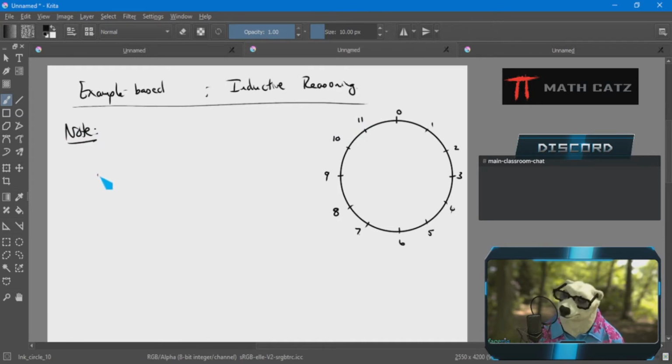Let's take, for example, something that pushes me over, perhaps. Let's say I start with 9 and I add 4. On the circle, I get to 1, 2, 3, 4, 1, mod 12.